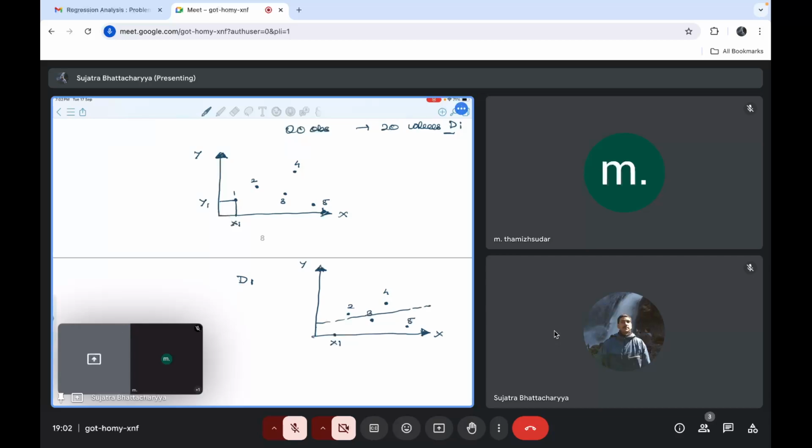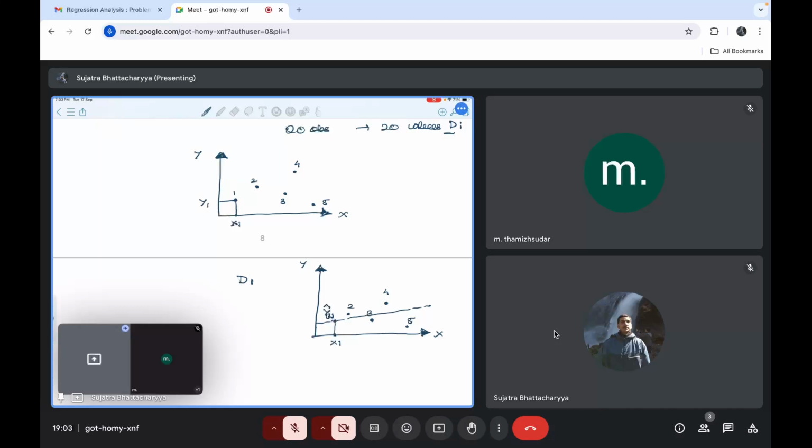Corresponding to x1 you will get a value y1 bracketed, the fitted response when the first observation is excluded and all other observations are included.